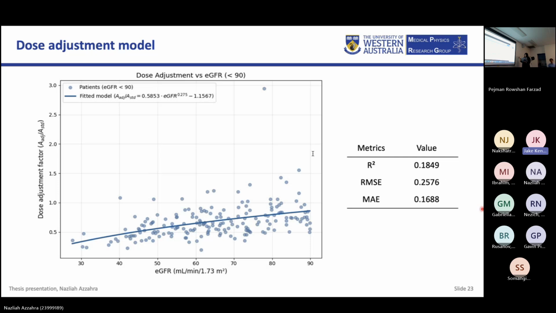So even though the R is quite small, the model still gives a fairly good prediction. And I think this makes sense because eGFR is an important factor, but it's not the only thing that affects iodine clearance.